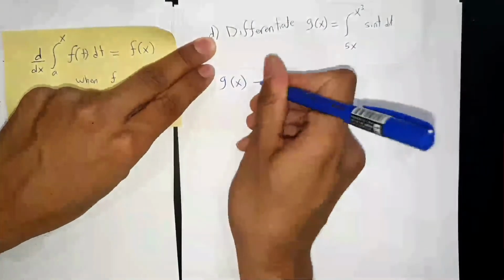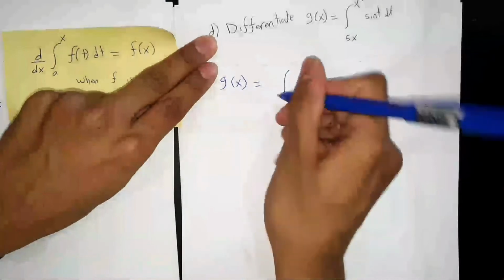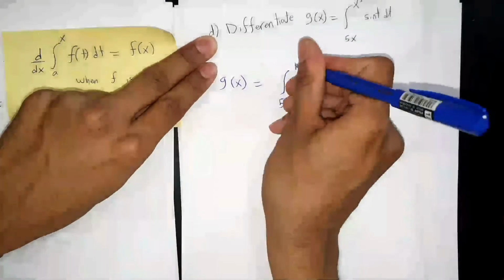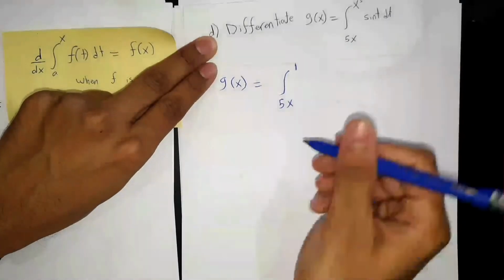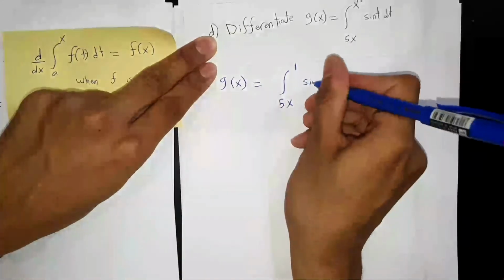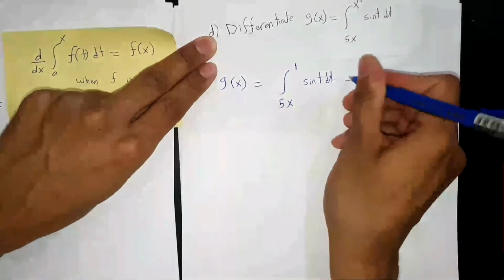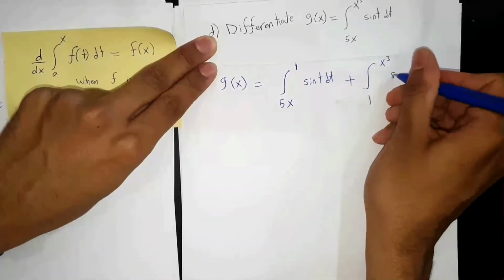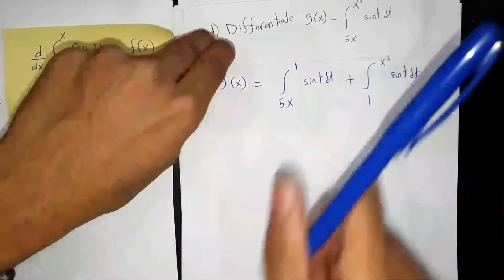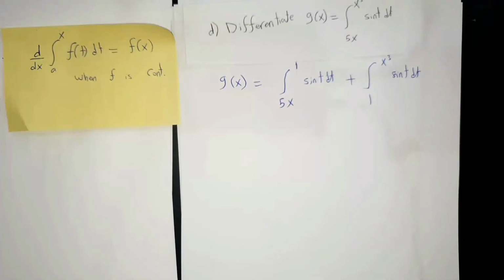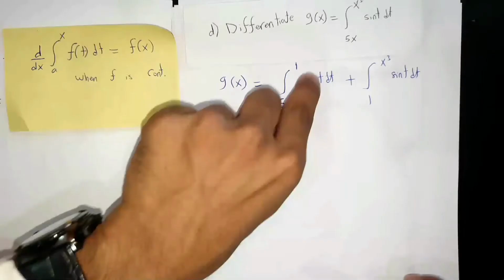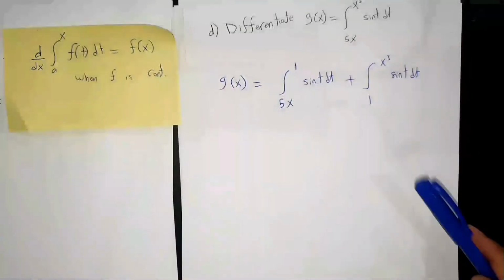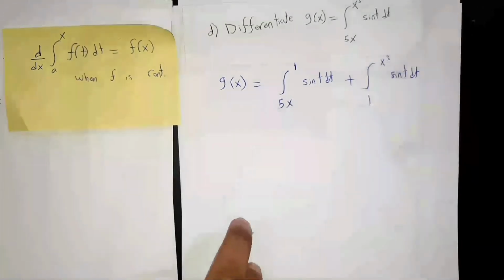G of x will be the integral from 5x to 1, for example, a number, of sine t dt, plus from this constant 1 up to x cubed of sine t dt. And we said this maybe last time. We said you can connect this number 1 with this number 1. So you will get the integral from 5x to x cubed.